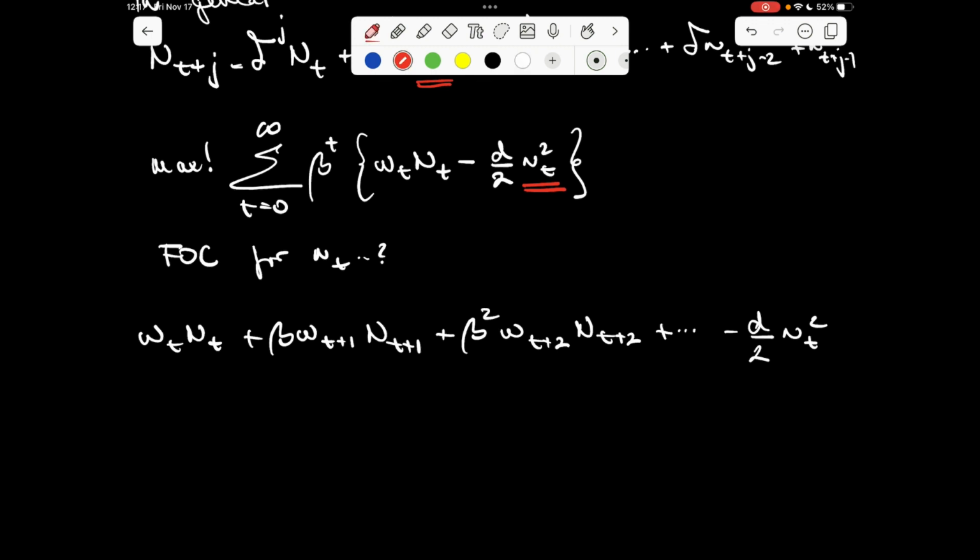Okay, this is given in t, and hence it's not affected by n t, the decision variable. Please note that it is affected by the period t decision.